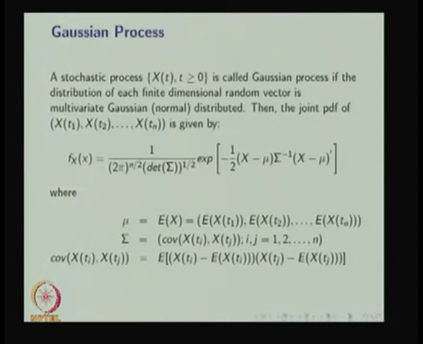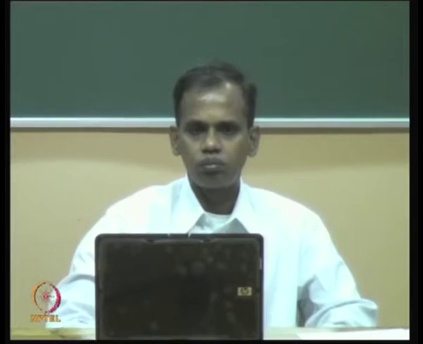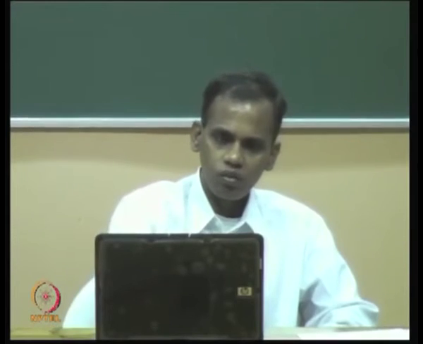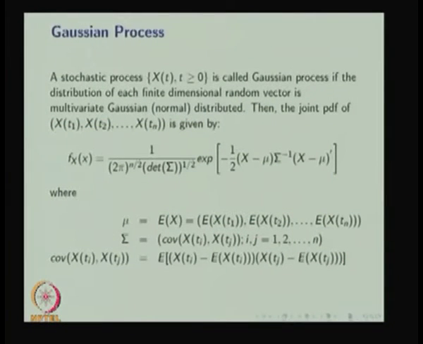The next one is the Gaussian process. First let me define what a Gaussian process is, then I am going to relate the Gaussian process with the Brownian motion. A stochastic process is called a Gaussian process if the distribution of each finite dimensional random vector is multivariate Gaussian distributed.